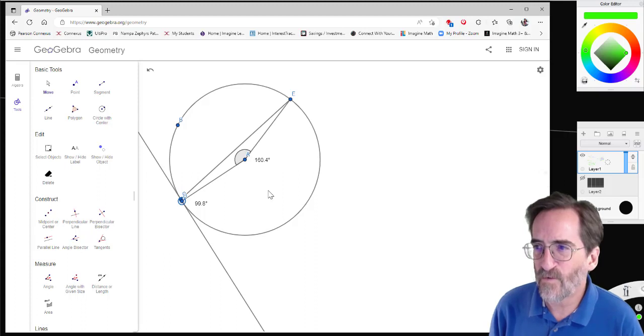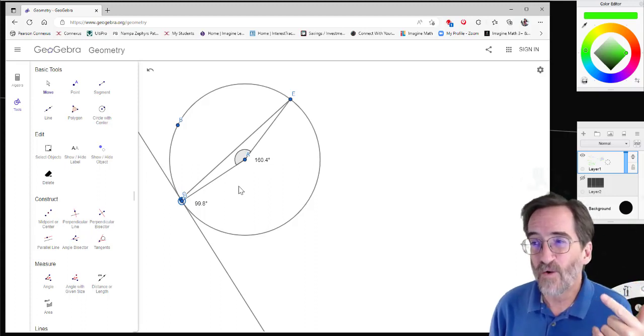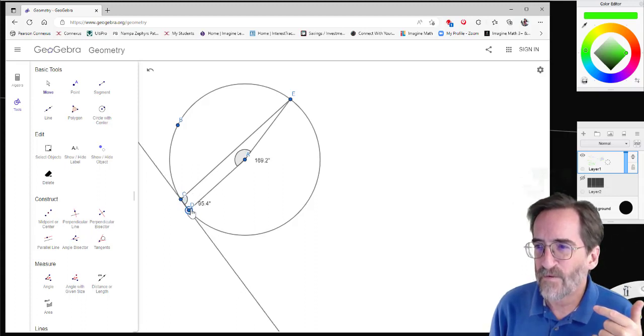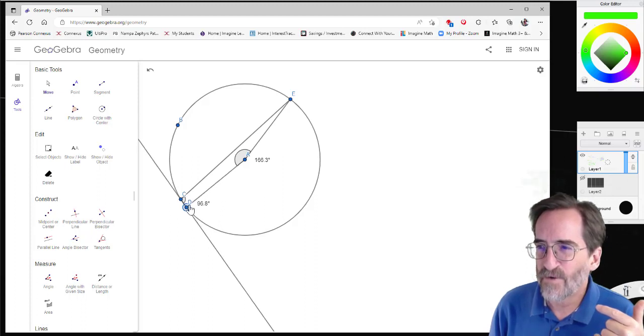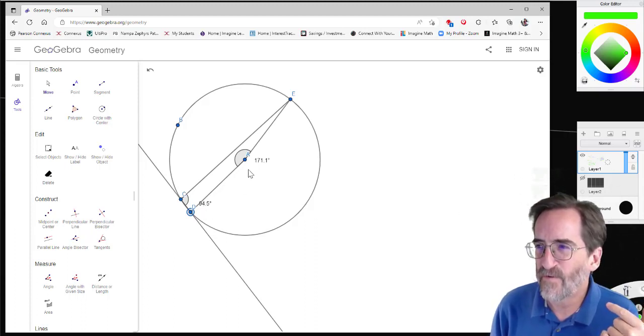Does this relationship still hold? Is it still half the intercepted arc? 160.4, half of 160.4 is 80.2, and that's 99.8. Think about that here. Half of the intercepted arc. 93, 171, double 94.5, you get 186, 187.